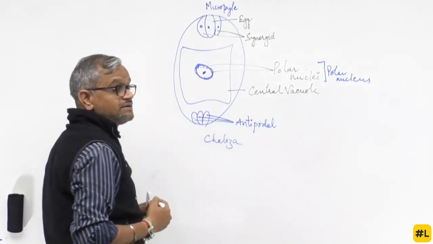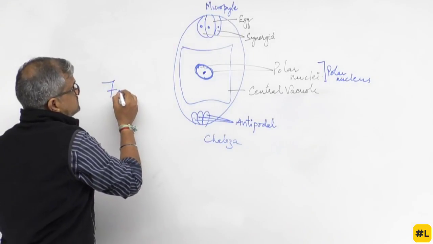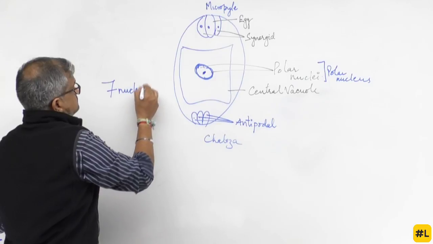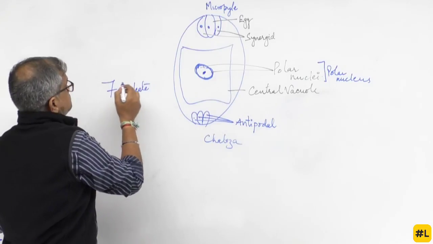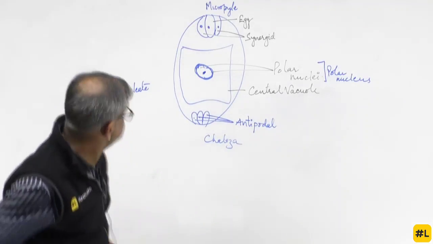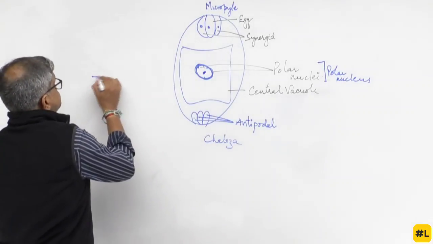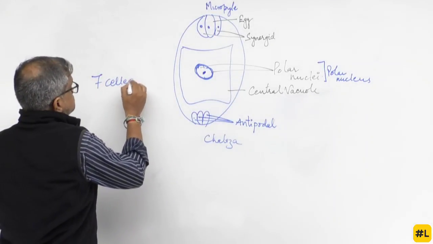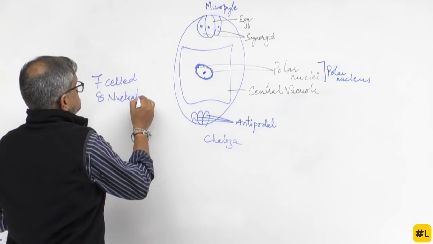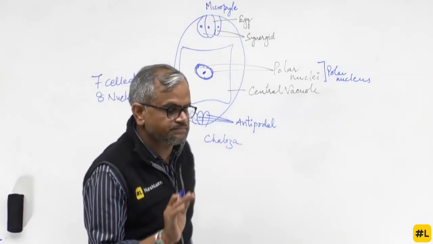So this structure technically is called a 7-celled 8-nucleate structure.